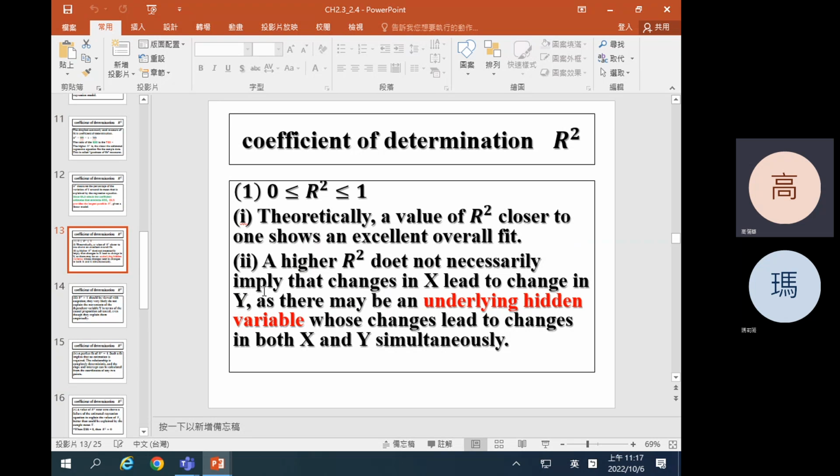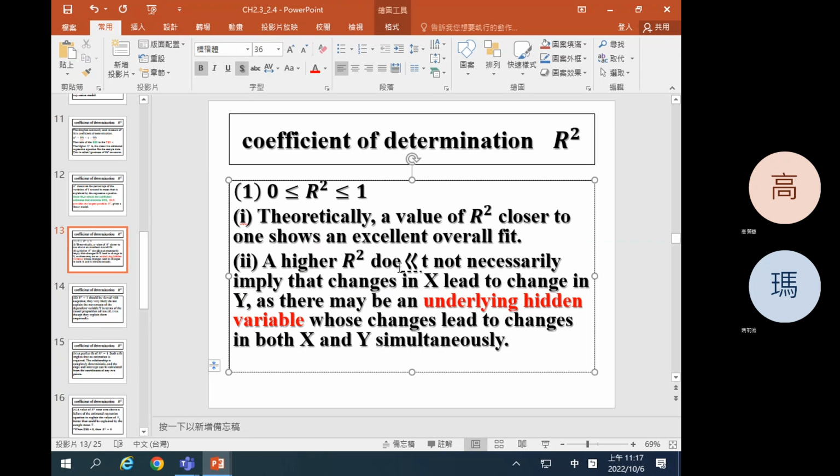There are several points I have to mention. A higher R squared does not necessarily imply that changes in X lead to changes in Y. Why?